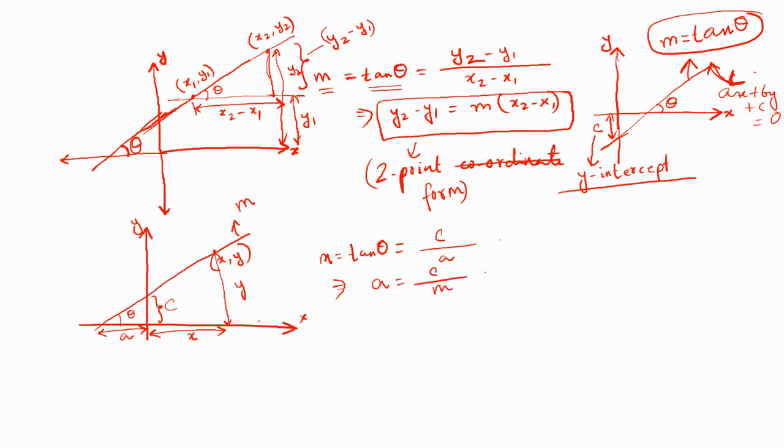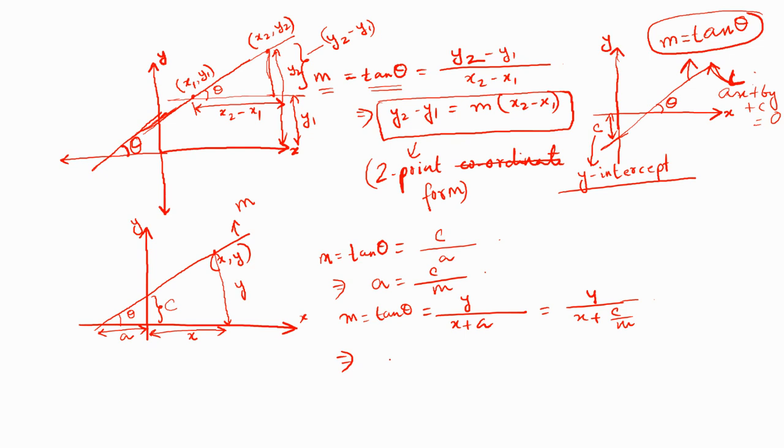Okay, and now let's go with the big triangle here. So here this triangle again, m equals tan theta equals this y divided by this entire base, which is x plus a. So we already found that a is c by m, right, from this equation.